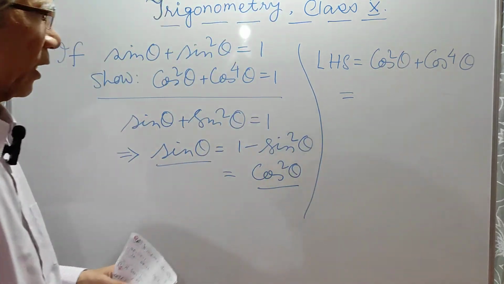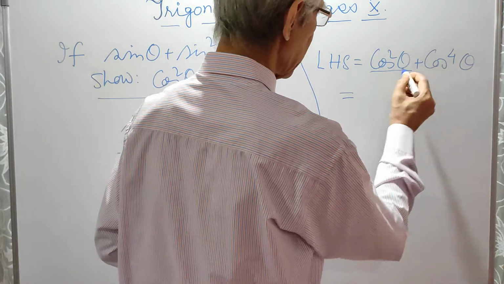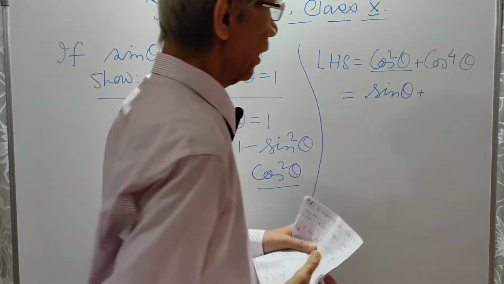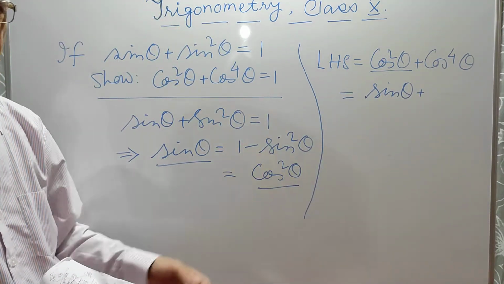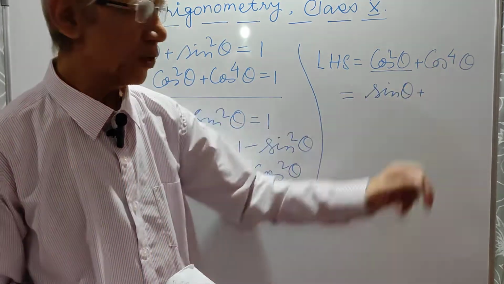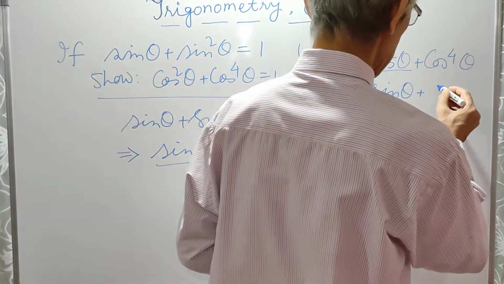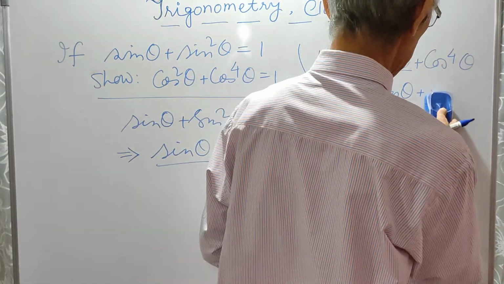Now cos square theta is what? Sin theta. So this cos square theta, now we can write sin theta. Now cos 4 theta is cos to the power 4 theta, isn't it? Let me write here for your convenience.